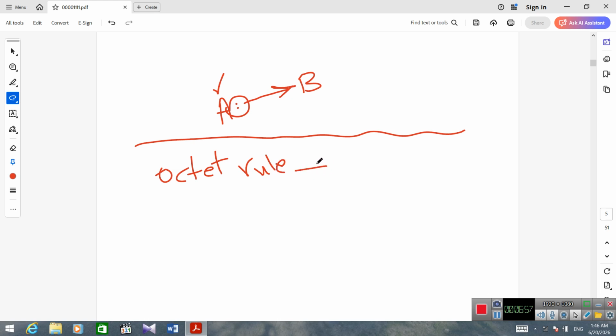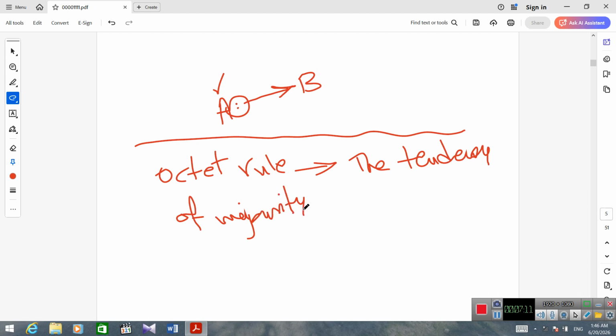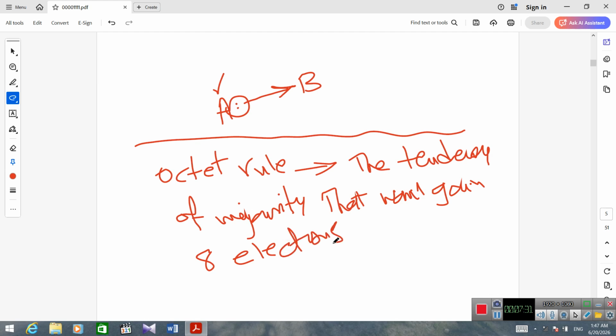The octet rule indicates the tendency of the majority of atoms, like main group atoms, for example, that want to gain 8 electrons in their valence shell.